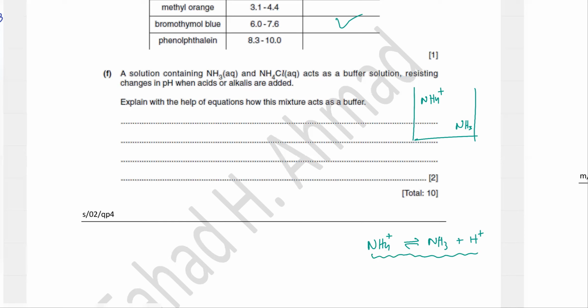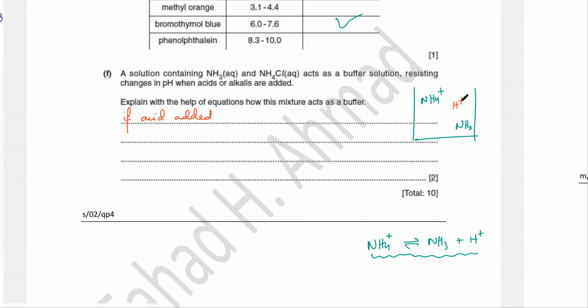What would happen if you add H+? The buffer would neutralize it. Who's going to neutralize it? The conjugate base or the acid? What's the answer to this? Anyone? Shafaq, Zoha? Could you repeat the question?